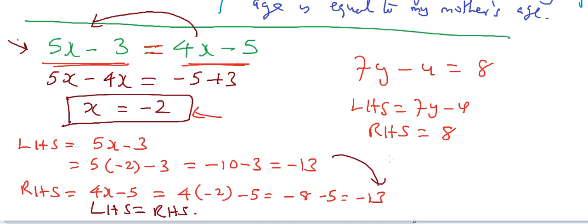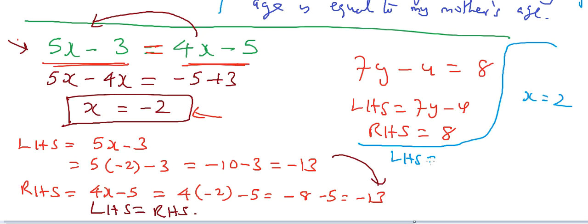Suppose you substitute some other value, both sides will not match. I'll show you here. Let's take some other value. Let x be equal to 2, instead of minus 2, let's take just 2. Then LHS will be equal to 5 into 2 minus 3. So 5 into 2 is 10, 10 minus 3 is 7.